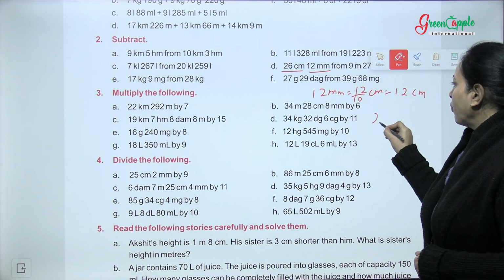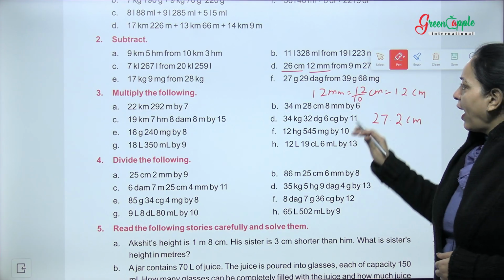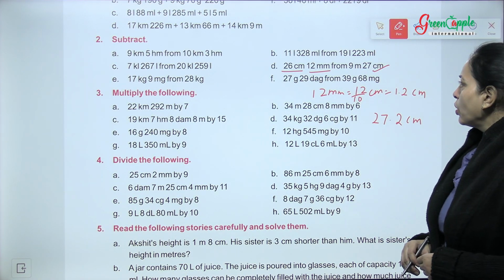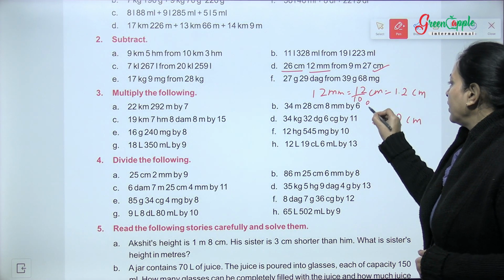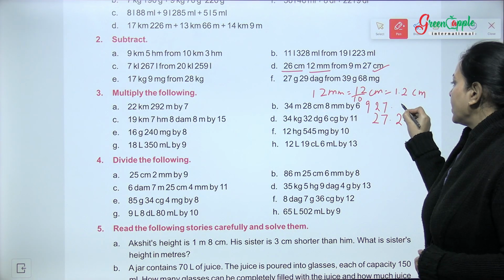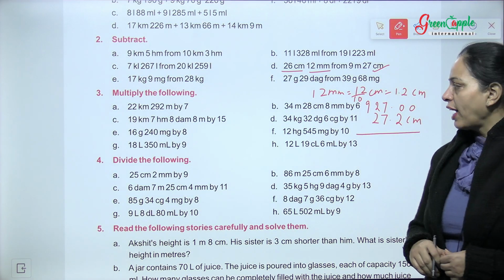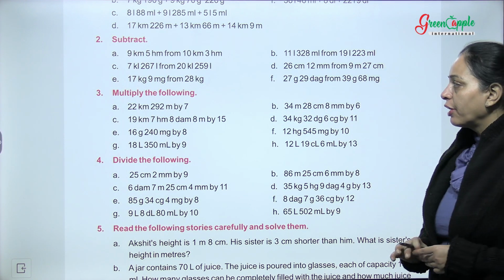So what will you get? 27.2 centimeter. And convert this one also into centimeter. So what will you get? You will get 927 centimeter. So now you can do subtraction. So I hope this is clear to you, but you have to be a little bit careful.